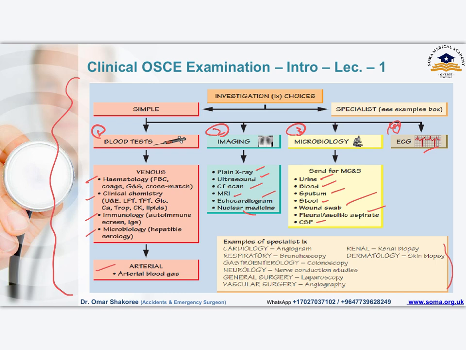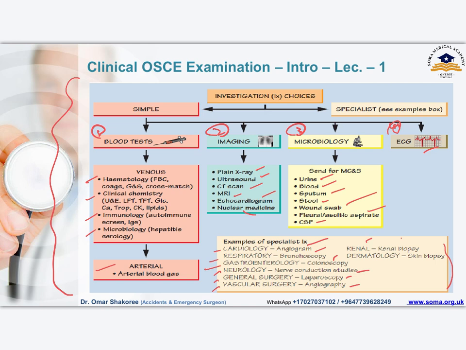While for specialist investigations, like in cardiology, we may need angiogram. In respiratory, bronchoscopy. In gastrointestinal, we may need OGD, duodenoscopy, or colonoscopy; nerve conduction study in neurology; laparoscopy in general surgery; and angiography in vascular surgery.